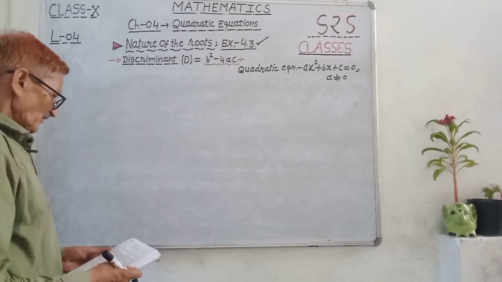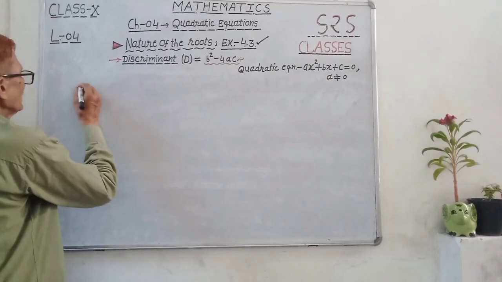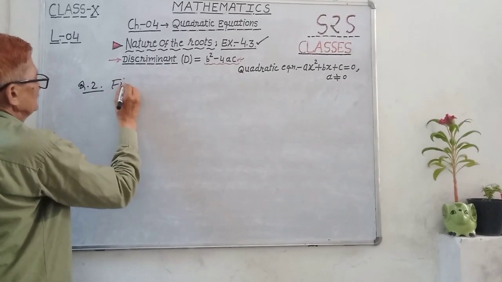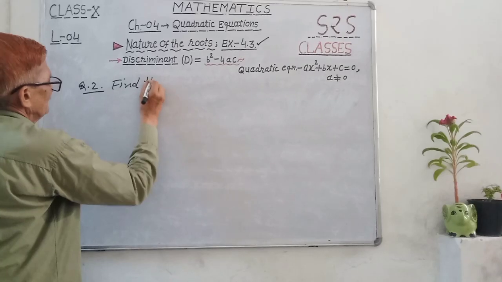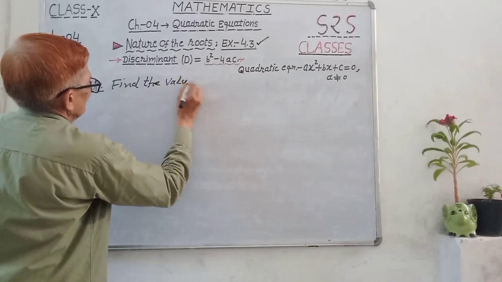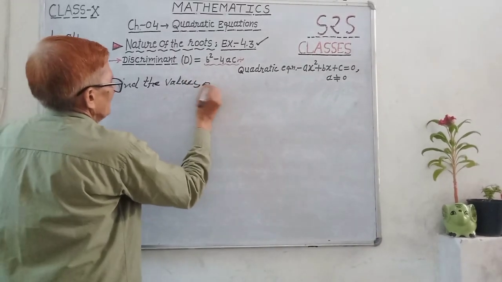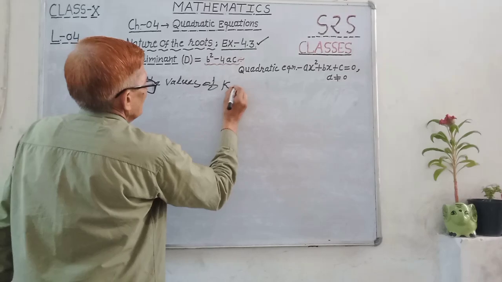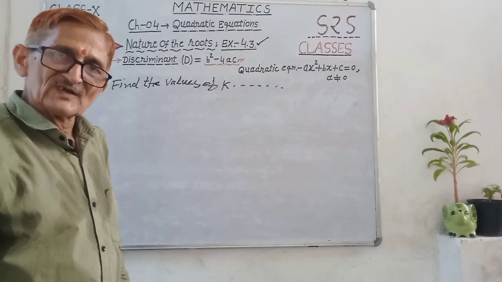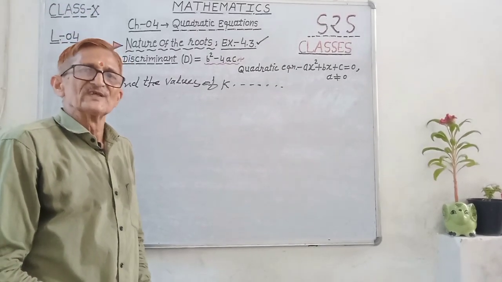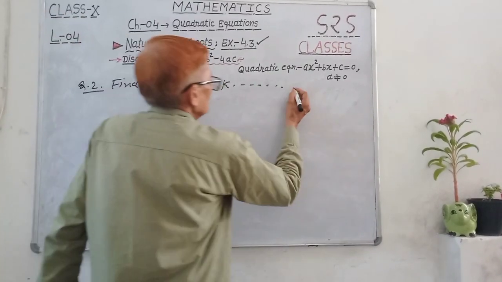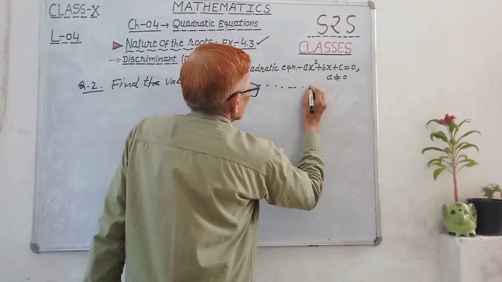Find the values of k for each of the following quadratic equations so that they have two equal roots.